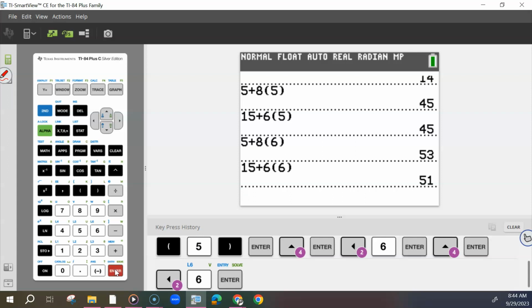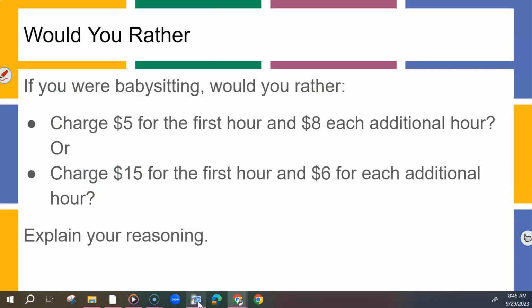So it also depends on how long you're babysitting for. If you're not babysitting for a long time, then one might fit your benefits more than others.